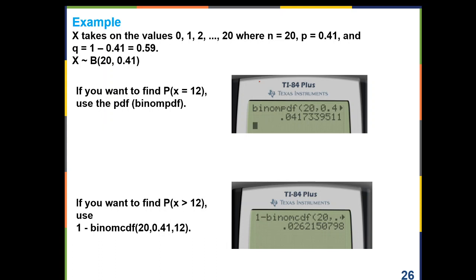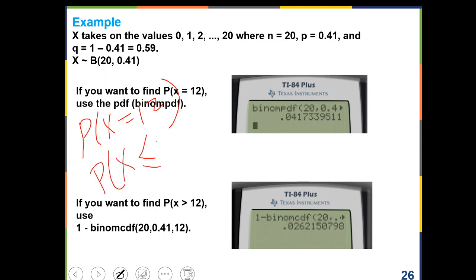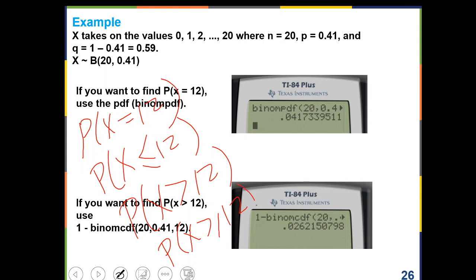So any of them, you see, probability of x equals 12, probability of x less than or equal to 12, probability that x is greater than 12, and probability that x is greater than or equal to 12. You should be able to do either of these, right? So this one is just PDF, right? This one, if it's less than or equal to 12, it just would be CDF.